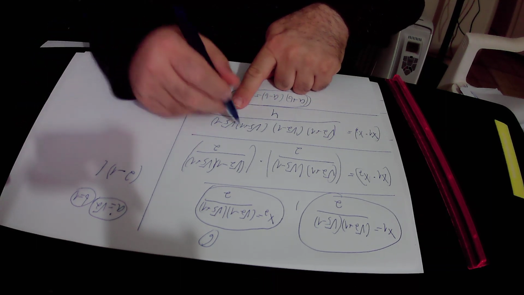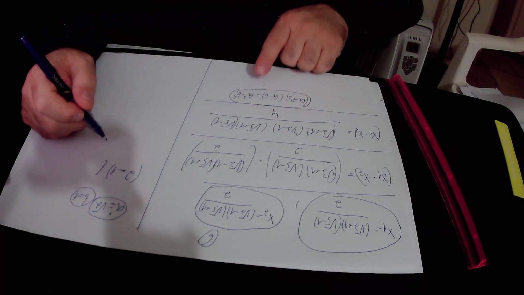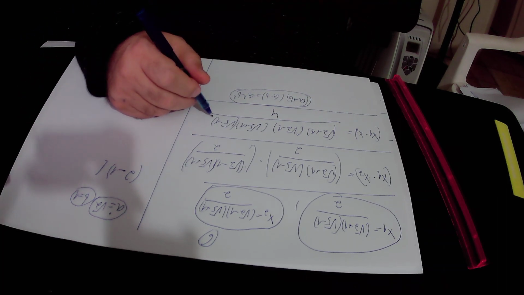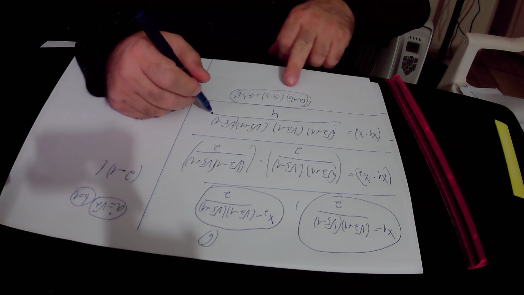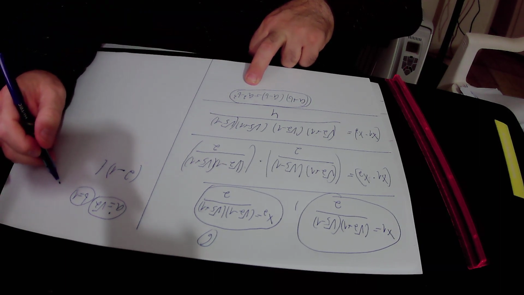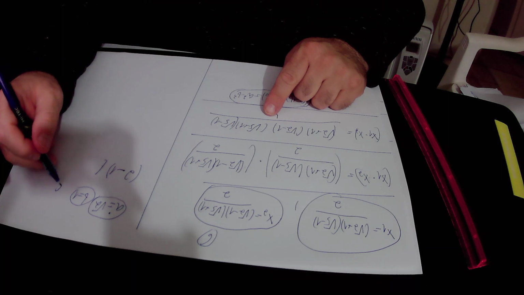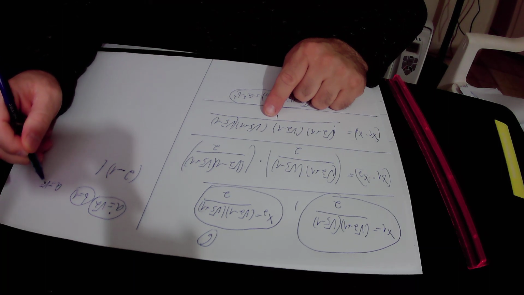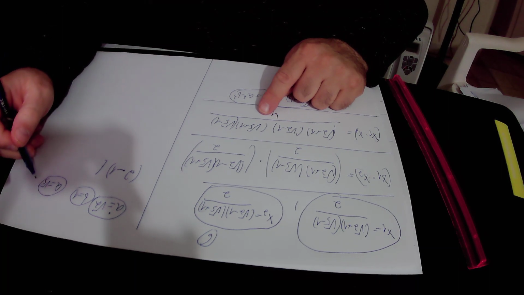And then we have to find out the value of square root of 5 plus 1 times square root of 5 minus 1. This expression is very similar to a plus b times a minus b, so it must be equal to a squared minus b squared. And in our specific expression, a equals square root of 5, and b equals 1.